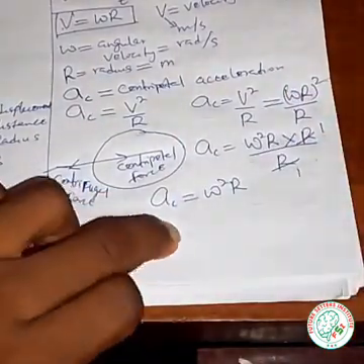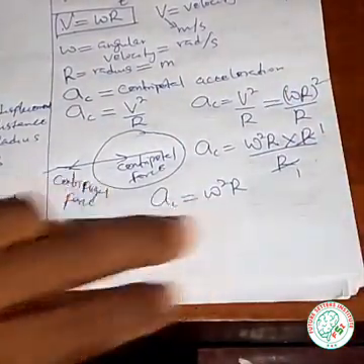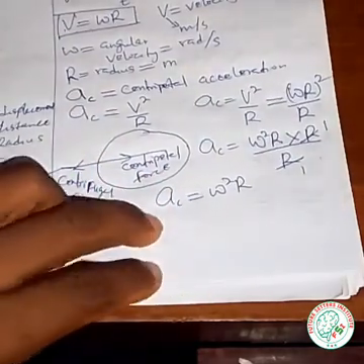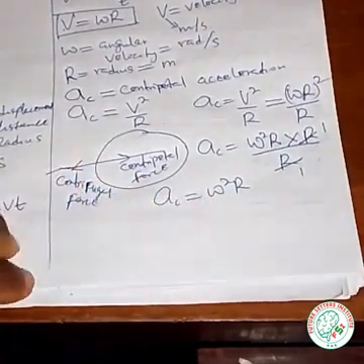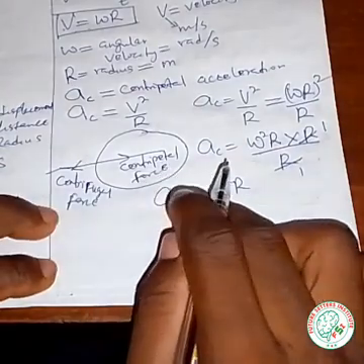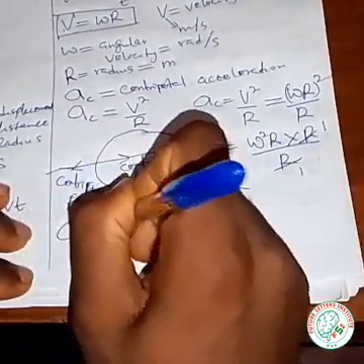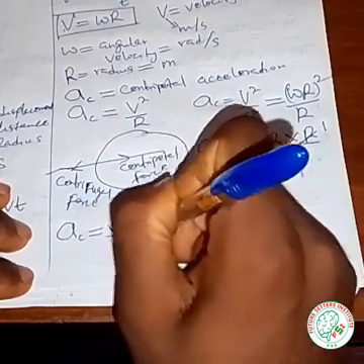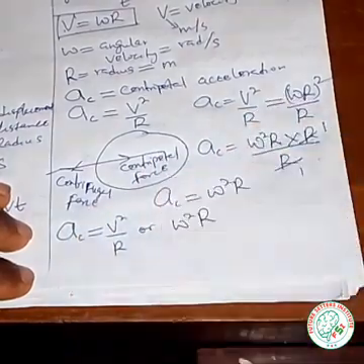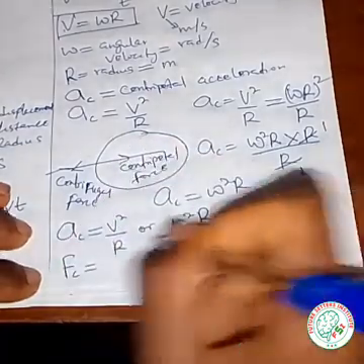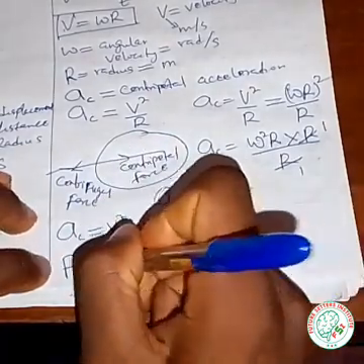Now we can say that centripetal acceleration is omega squared r. So we can have two formulas for AC: either v squared over r or omega squared r. Then we also have another aspect which is called FC, which is centripetal force. You know that force is mass times acceleration, right?